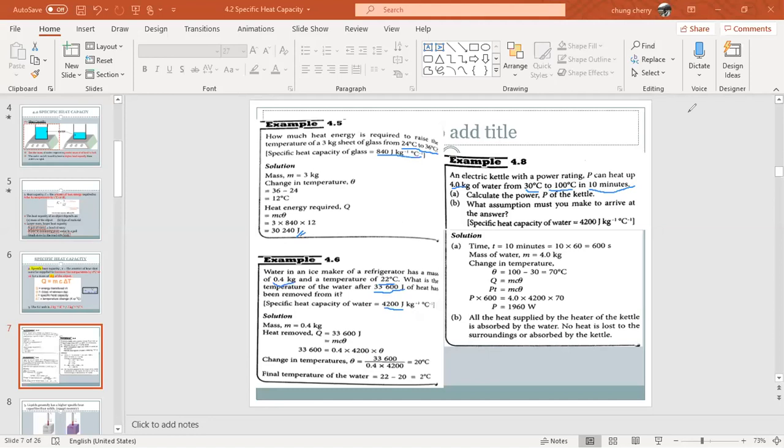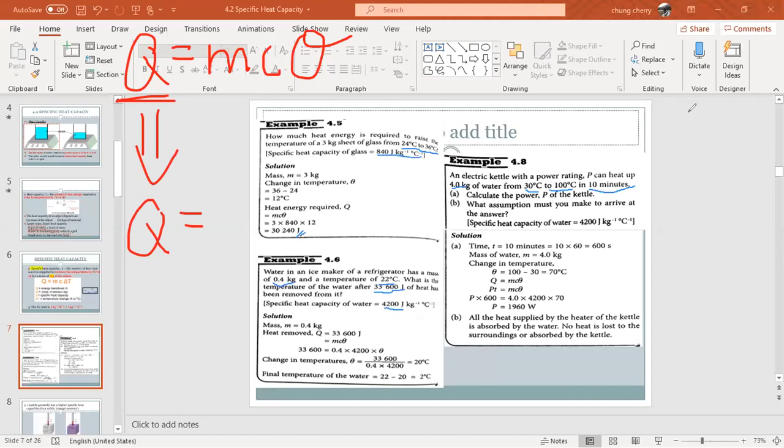Since you know the heat energy Q equals MC theta, you also have another formula to help you find it: Q equals power times time.